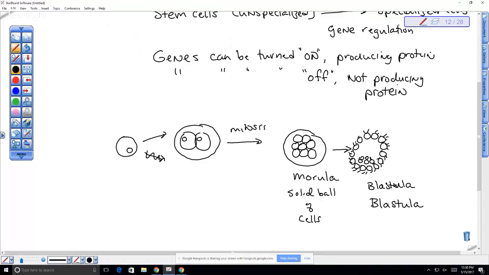And so this outer part is going to become the placenta. It's called a trophoblast, and I'll say it becomes the placenta. Right? And this inner cell mass is going to become the embryo.